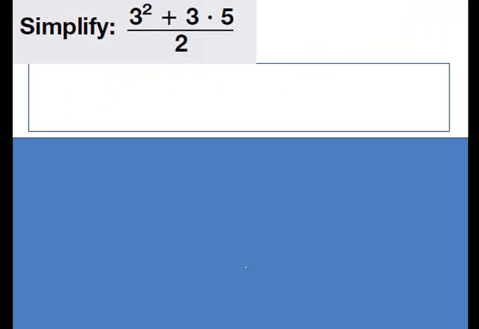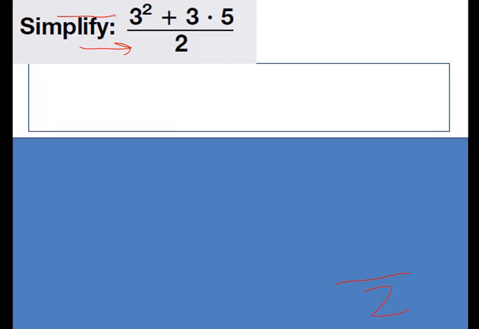Please. All right, let's look at this one here. Looks a little harder than it really is. First thing we're going to do is look for some parentheses. Do we see any parentheses? We don't. What type of problem are we dealing with here? Well, it's a division problem with some additional stuff involved. So we're going to leave this 2 alone because we don't need to do anything with that yet.